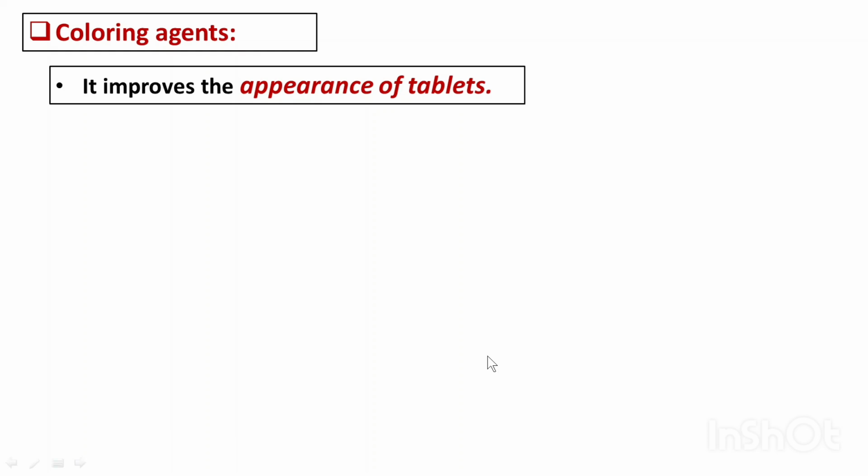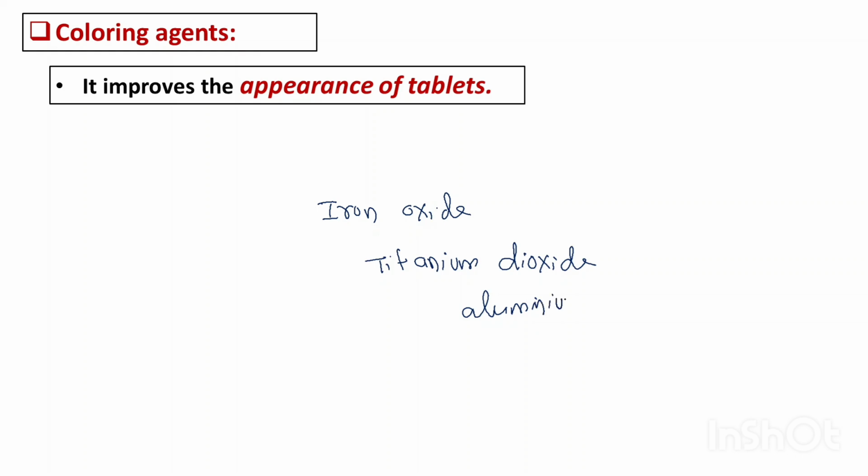And finally, coloring agents, which will improve the appearance of the tablet dosage form. So what colors are used in tablet dosage forms? Mostly iron oxide and titanium dioxide, also aluminum flakes.